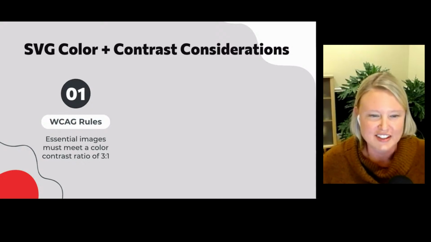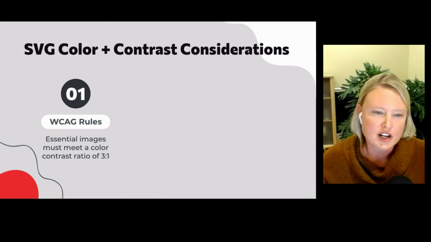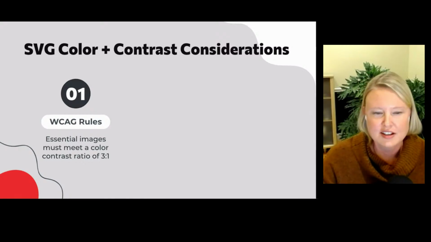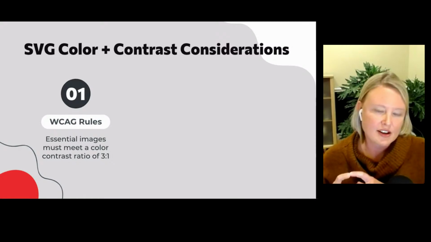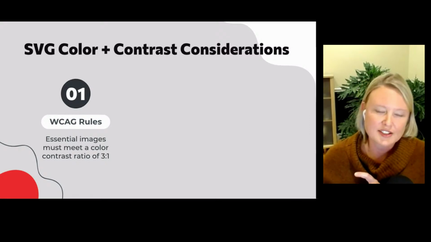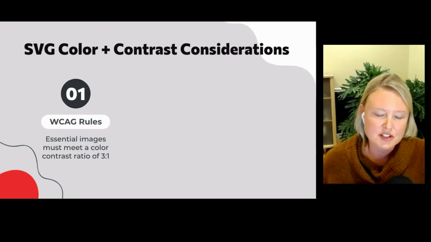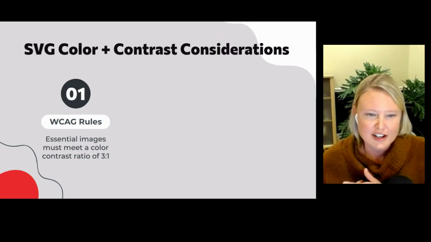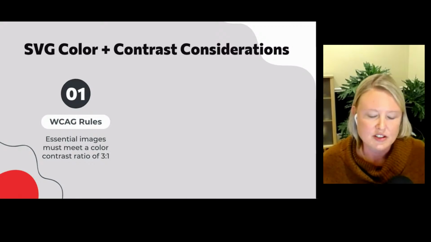Is it necessary? A really good example is down in the footer of a website, usually you have social media icons, and a lot of times they just stand alone as icons and don't have additional text right next to them. So if they disappeared, would you be able to link out to Twitter or Instagram or something, right? If those were gone. So that's what I think about essential.